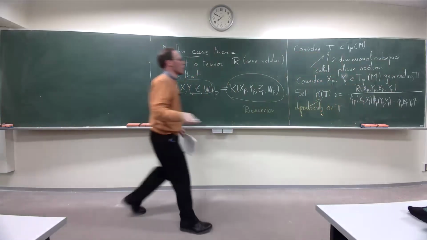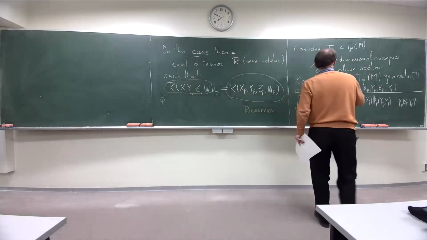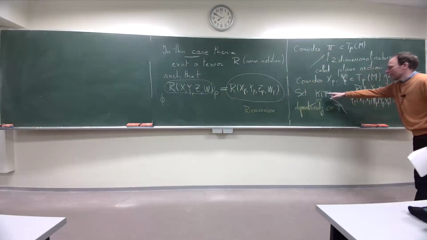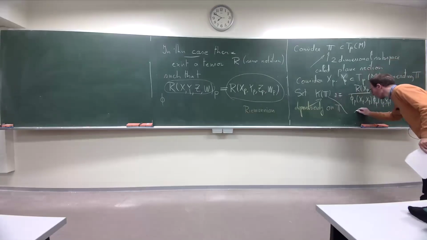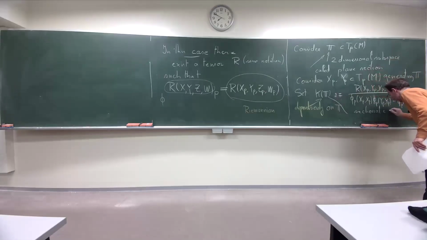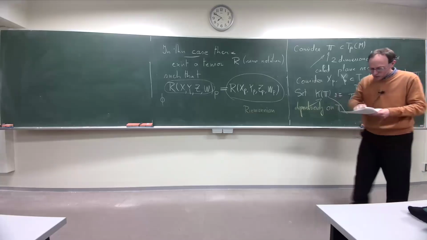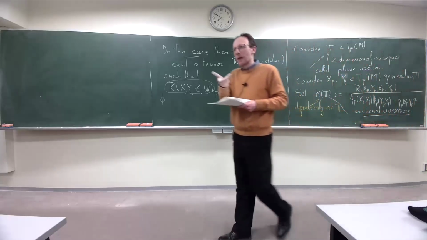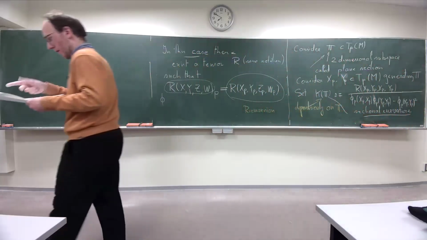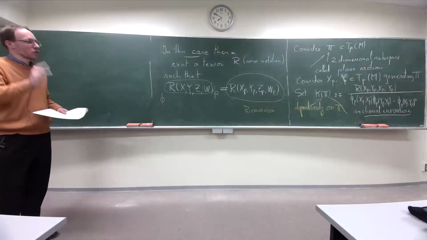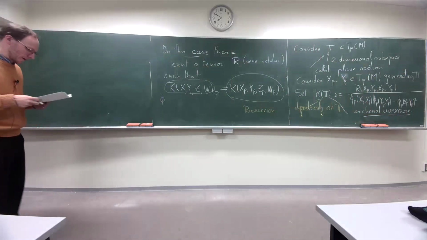And this K of pi is called the sectional curvature. The good point is it's a simpler object because it's only related to a two-dimensional subspace. It does not depend on too many things, it's two-dimensional.